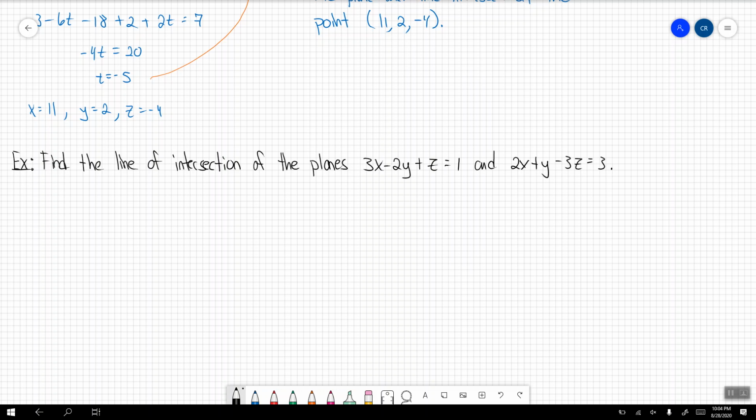So that's what we want to do. Find the line of intersection of these planes.